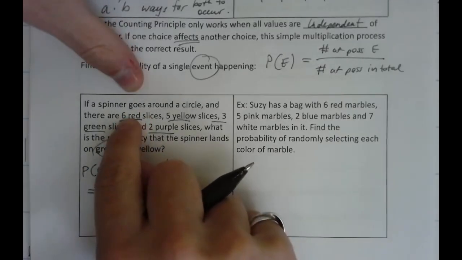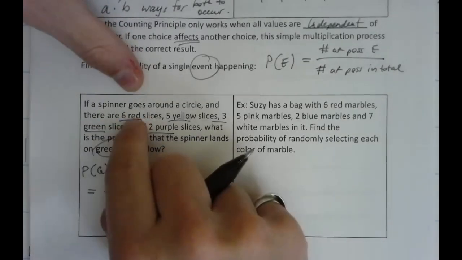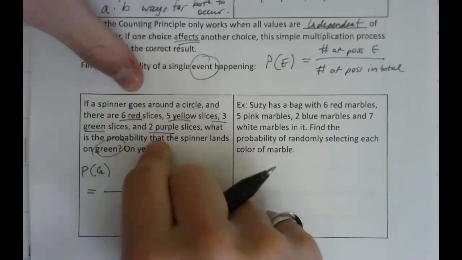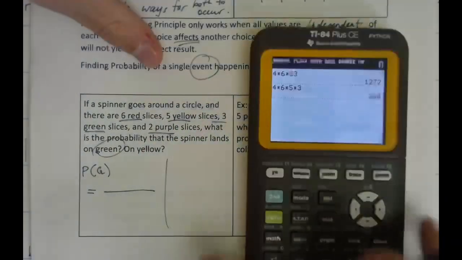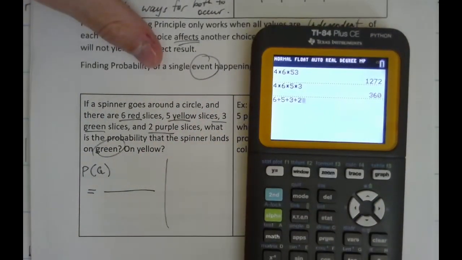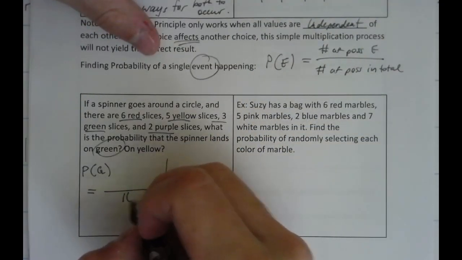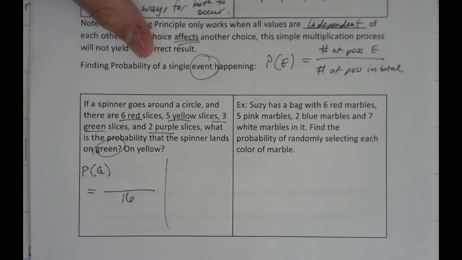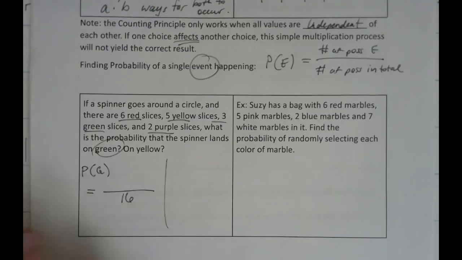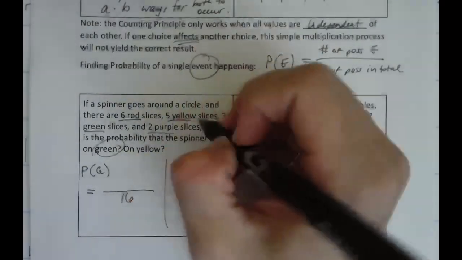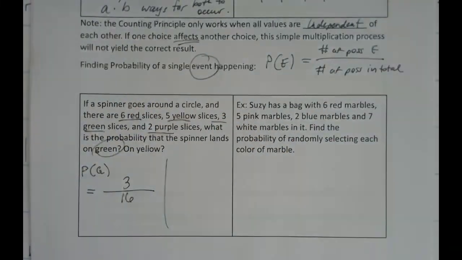So 6 plus 5 plus 3 plus 2, how many is that? In the calculator, 6 plus 5 plus 3 plus 2. And of course, we could do that in our heads, but we're not going to. There's a total of 16 ways anything could happen. There's 16 total possibilities. And out of all those possibilities, there are only 3 chances to get green.